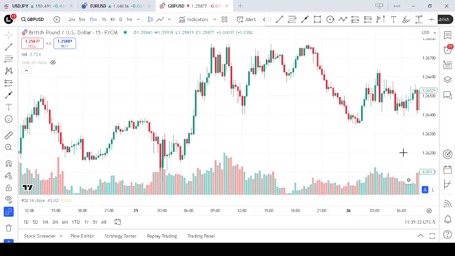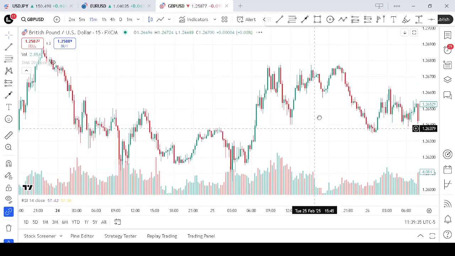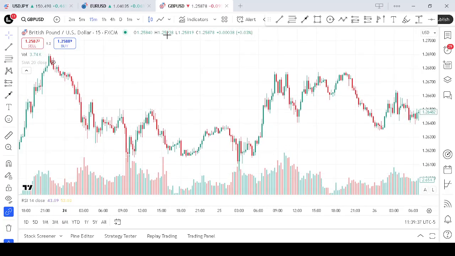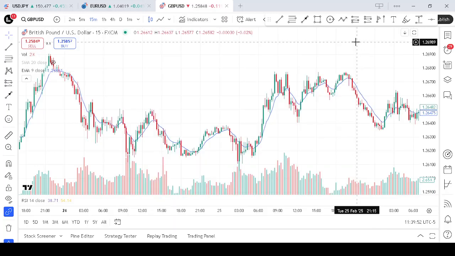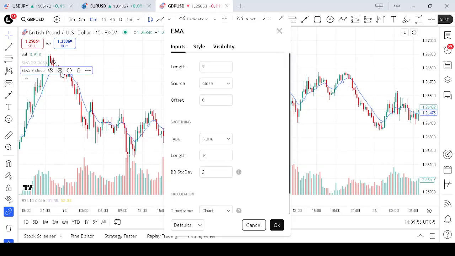precise scalping method? First of all, we have to make use of indicators such as our EMA, our moving average, our exponential moving average. We set up our exponential moving average to 9 and 20 respectively.